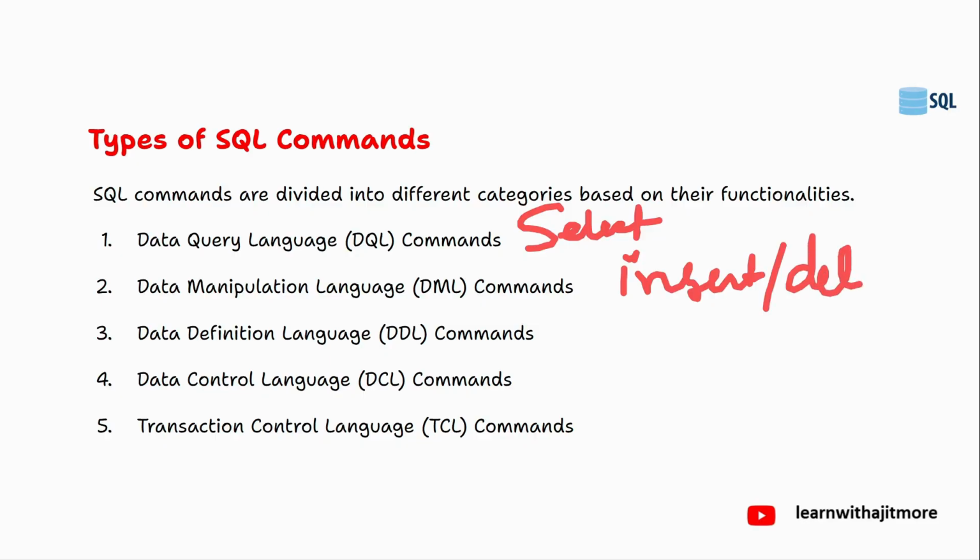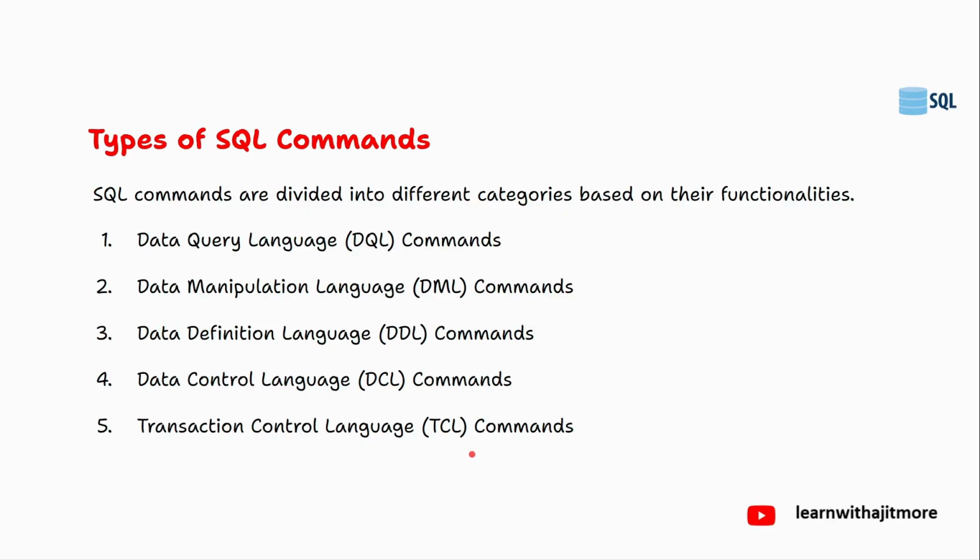Definition has create table, alter table, all those things. Data control, I told you, grant and revoke. Then transaction control includes save point, and commit is a famous command. So commit, save point, rollback, they all come under transaction control. Okay?